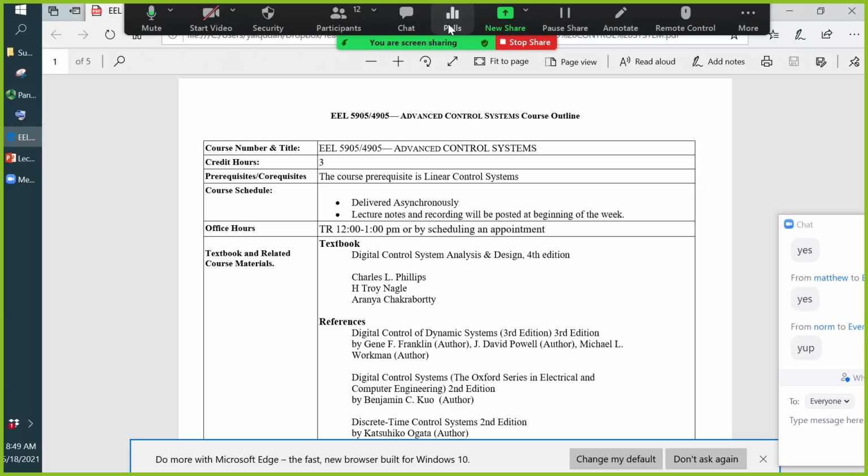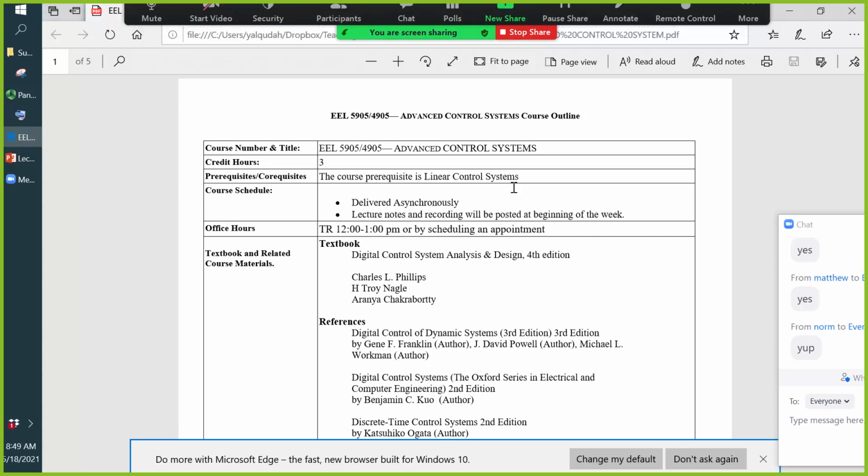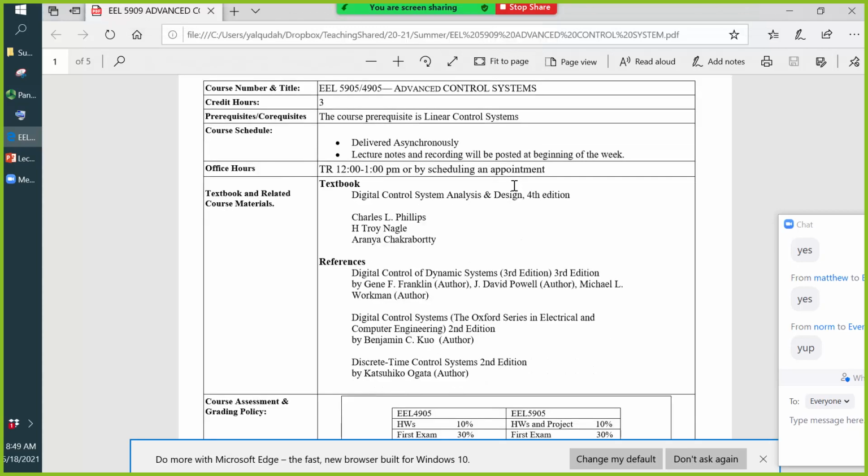Nevertheless, the Z-transform is going to be the tool that we're going to be using throughout the semester. Similar to how we use the Laplace transform in the linear control class, we're going to be using the Z-transform in the digital control class.